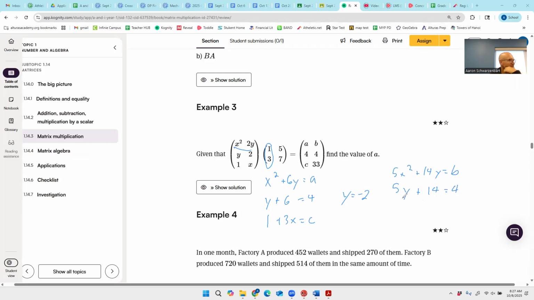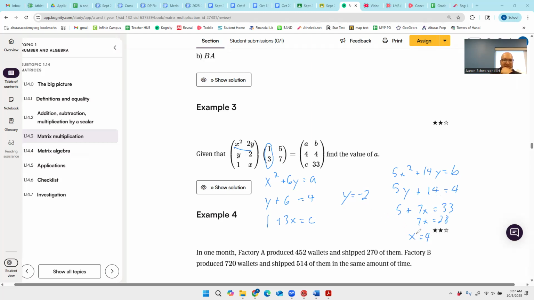And that is true, if I plug in -2. 5 plus 7x equals 33. x equals 4.